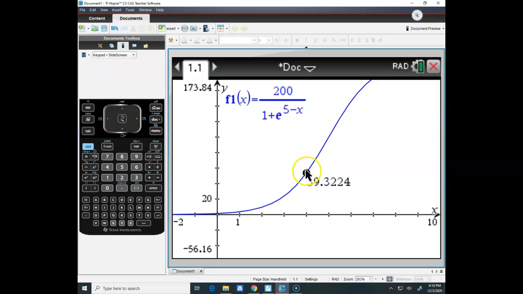Let me grab that point and move that point. Okay, so I can move it. Now it's getting smaller, and I can drag that derivative.